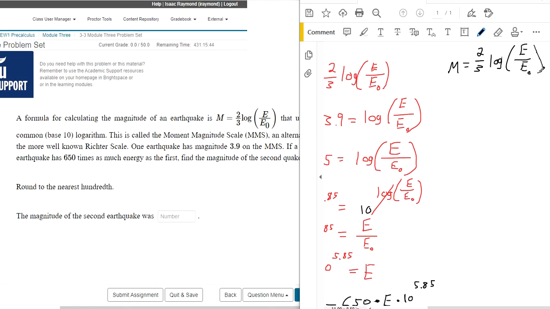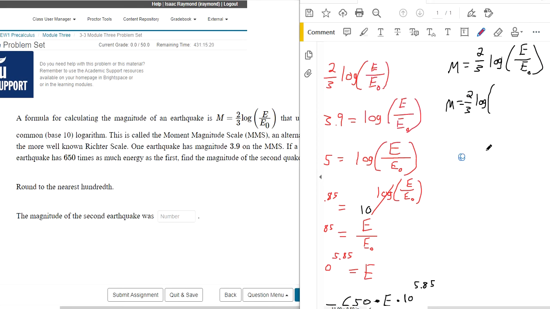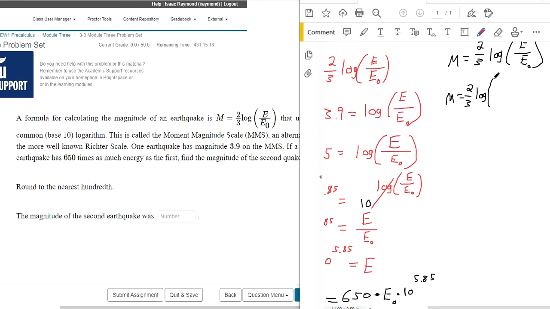If we plug this in for E up here and simplify, then we'll be able to solve for the magnitude, because those E sub 0s, those mystery constants that we don't know about, would cancel out. So this is M equals 2 over 3 log, and now our new E needs to go up here because we're trying to figure out how much the magnitude is when the energy is 650 times as much. So I'm plugging in what we just solved for E down there for the next earthquake.